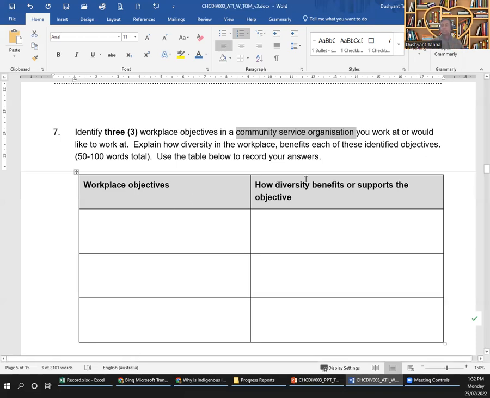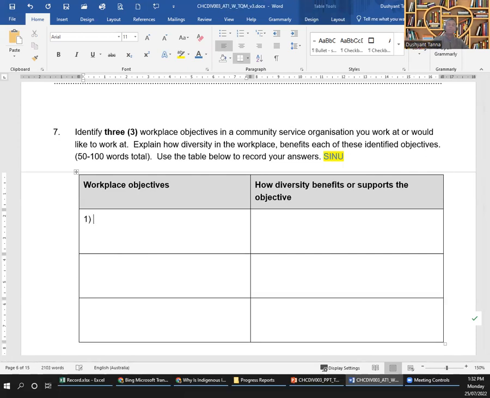Let me be more specific. Let's talk about the company SINU, for example. Work objective: I don't know what they're watching, just give an example. Clients could be students, served in the best possible way. Then how does diversity help?